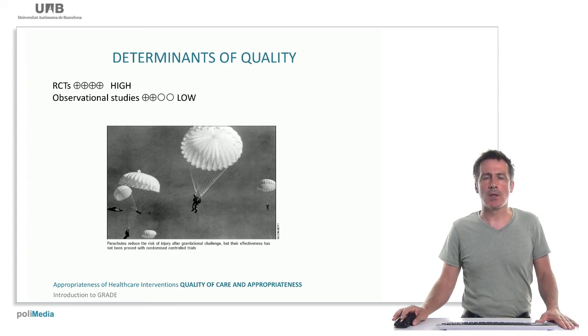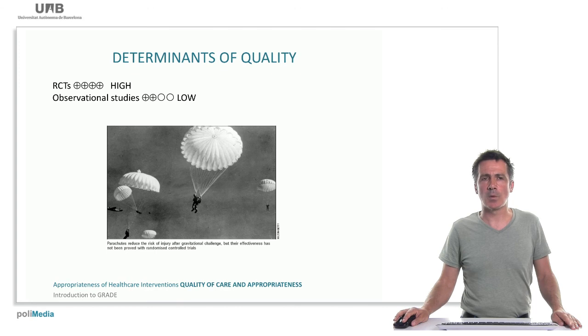We all know there are situations, for example, parachutes for reduction of injuries when jumping from a plane. There's never been a randomized trial and nobody is going to conduct one. We are certain enough to have high confidence in the effect of parachutes.